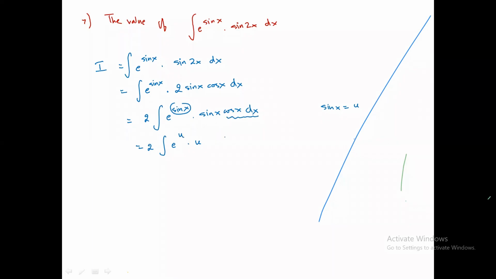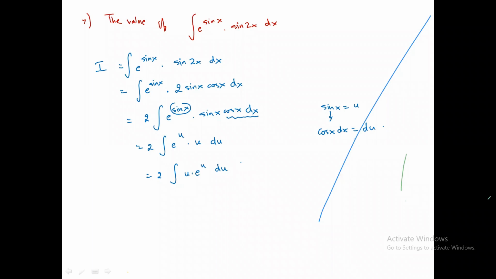But what about this cos x dx? When you find the derivative here, cos x dx will be equal to du. So you can write it as du. Now, we have 2 integral u into e power u du.